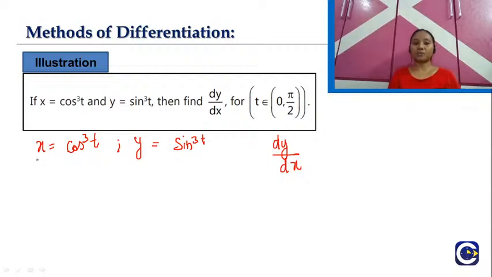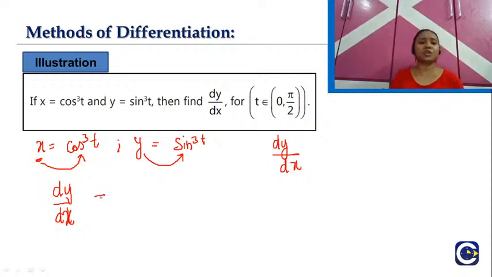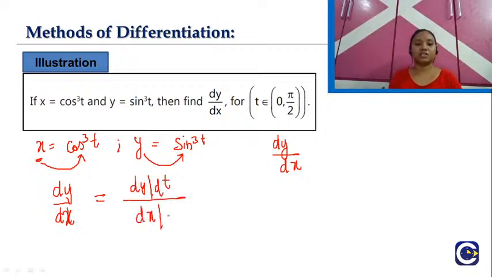Our function x is given in the parameter t, that is cos cube t, and our function y is given in the parameter t, which is equal to sin cube t. So you have to find the differentiation, that is dy by dx. Please give it a try and let me know. You can simply use our formula, that is dy by dt divided by dx by dt.